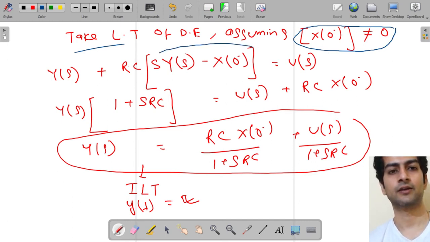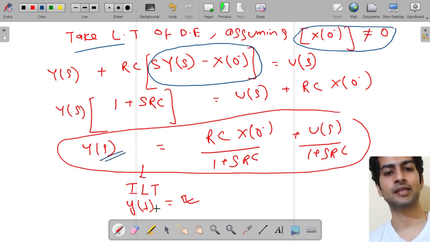This is the important part: we are taking the initial conditions into account. Then we find Y of s, and then y of t. This is the approach you should follow if you are not sure whether the initial conditions are 0 or not.